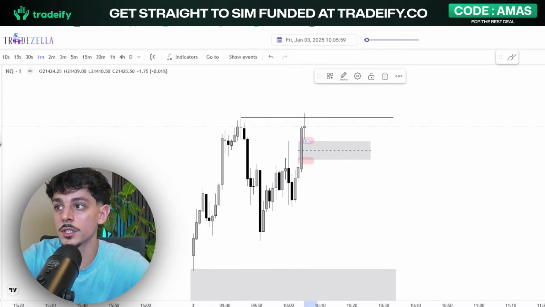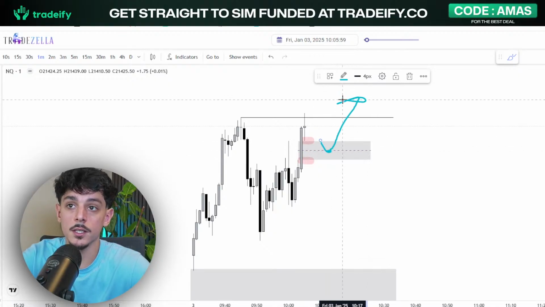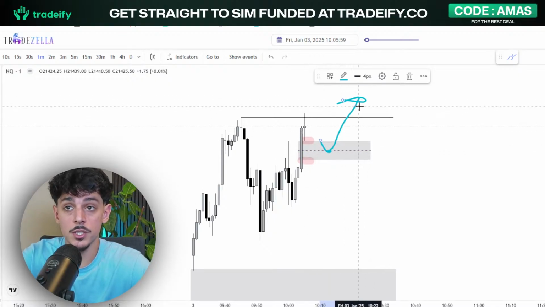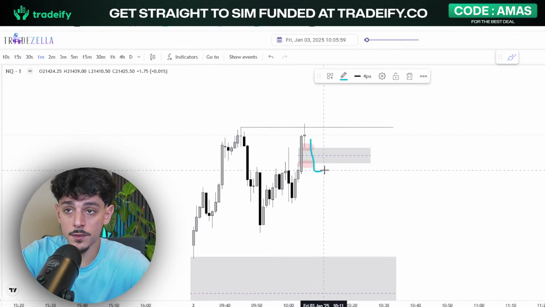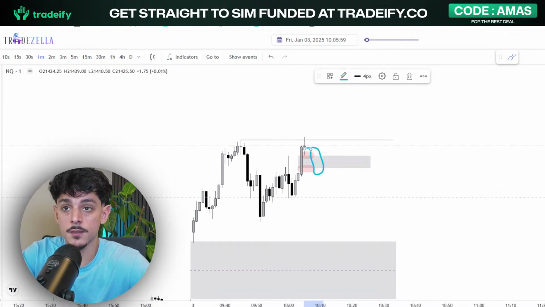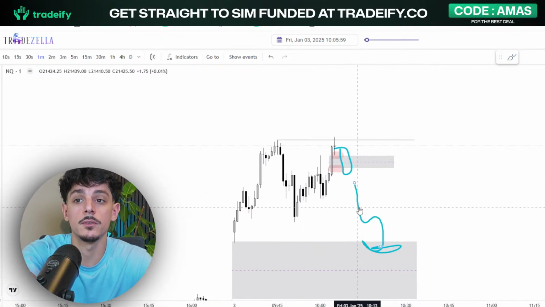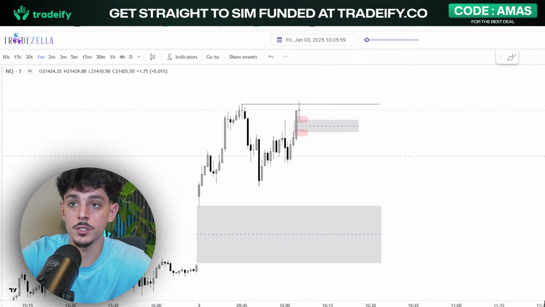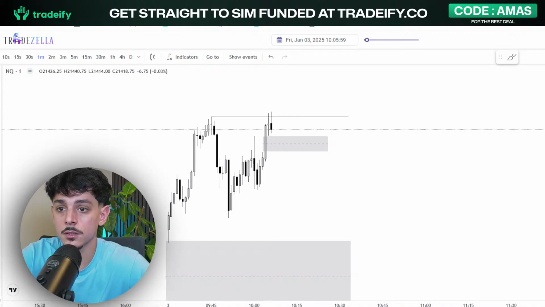If we're truly bullish, we should respect this gap in order to create a new high. If we're bearish, which is what we want to see, we will disrespect this gap, and this will be our confirmation to go short towards the gap fill, towards the opening range gap. So right now, let's see exactly what it does.